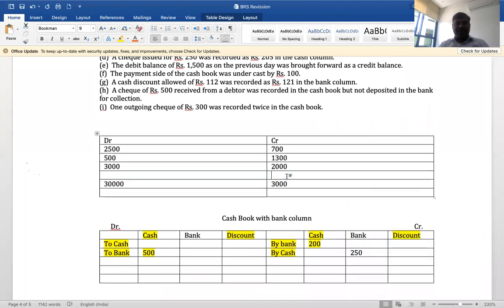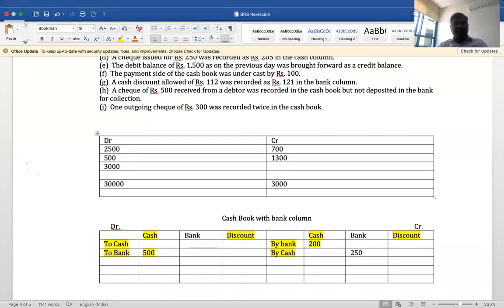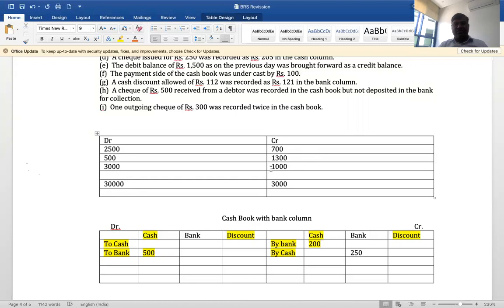The balancing figure is 1000. And what do you write here? By balance carried down. And the same will come here as to balance brought down.